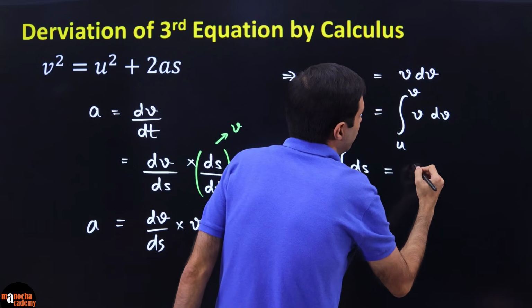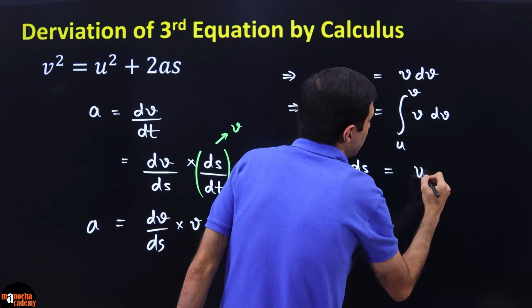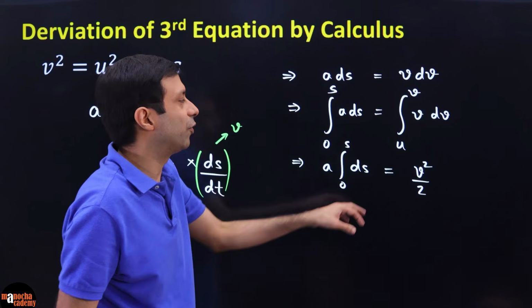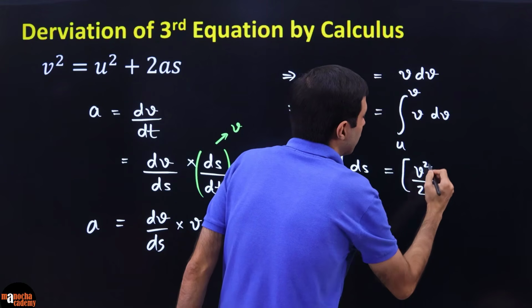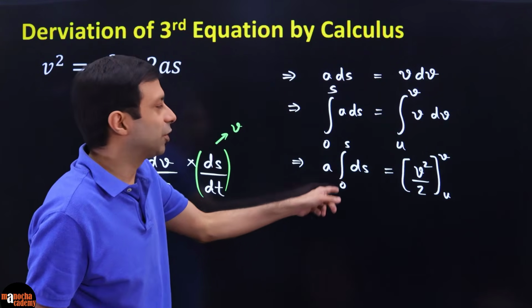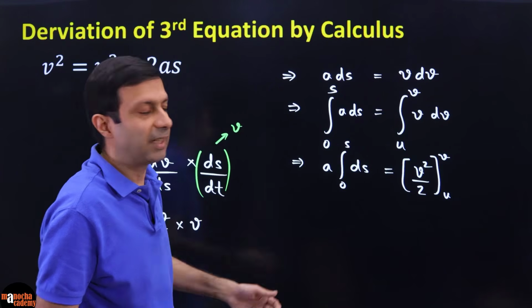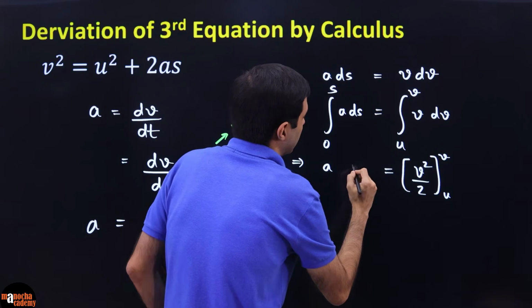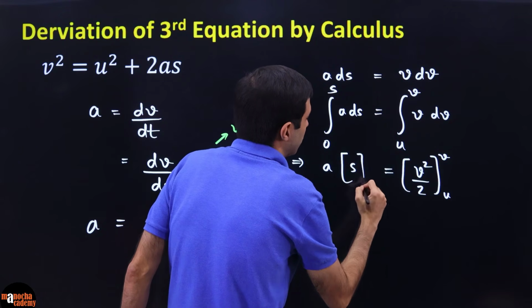So the integration of v dv is going to be v square by 2 using that integration formula, and the limits will be from u to v. And when you do the integration of this, what will you get? You will simply get s. So the integral of ds will be s, and the limits will be from 0 to s.